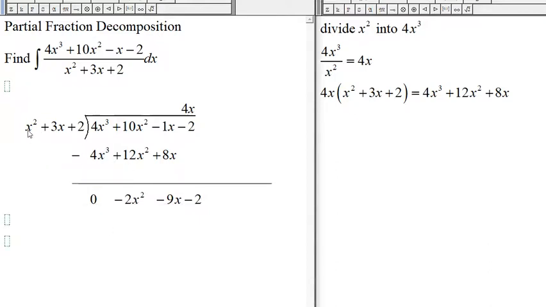So this time we'll divide x squared into negative 2x squared.